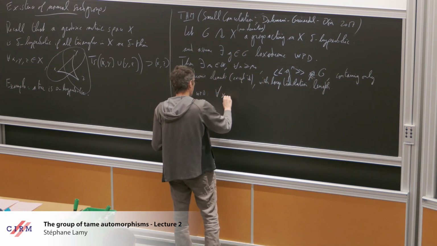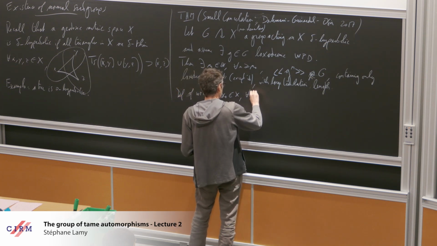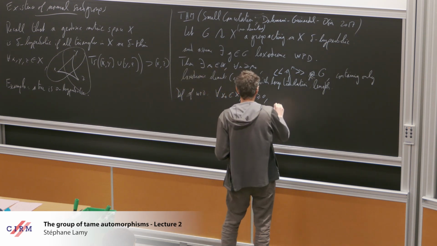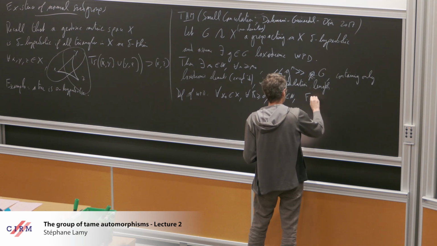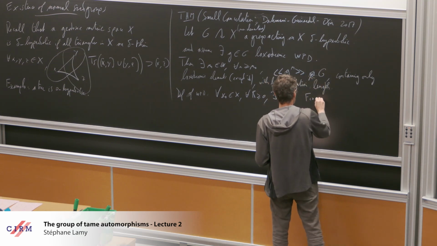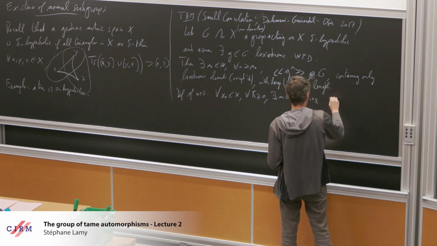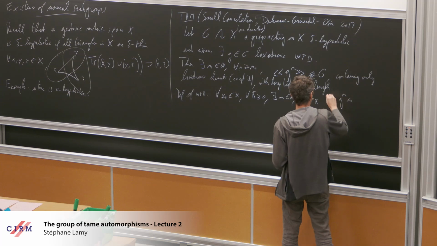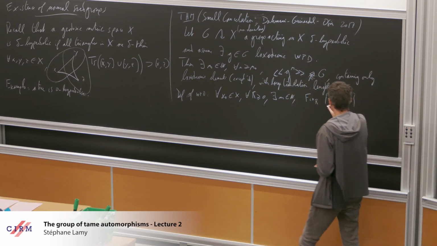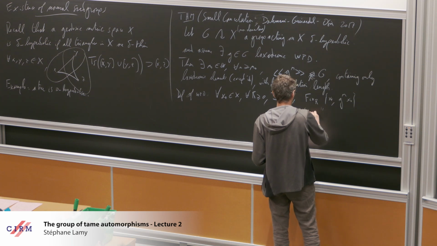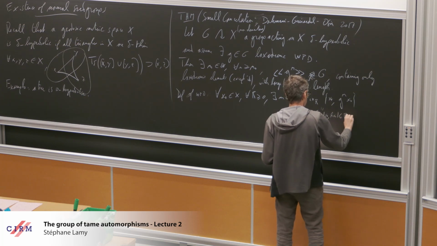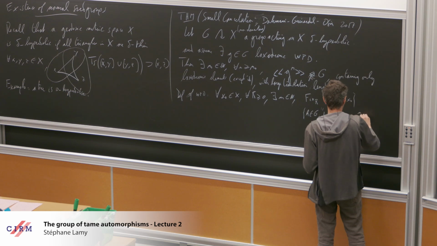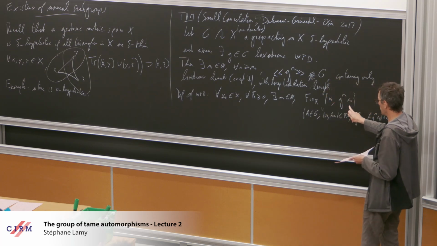For any point x0 in your space, for any radius R, there exists M such that if I look at the set of elements in the group that almost fix, up to R, the two points x0 and g^M x0, meaning the elements h in the group such that the distance between x0 and h x0 is less than R, and also the distance between g^M x0 and h g^M x0 is small, you want that to be finite.